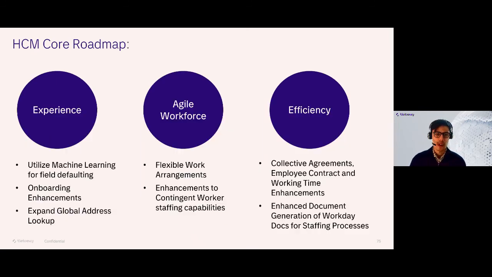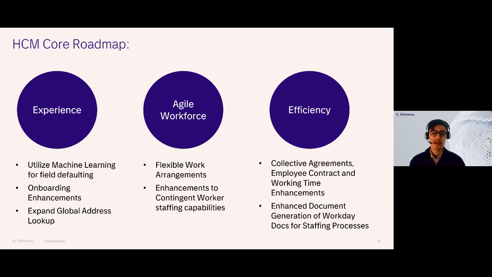In the roadmap ahead, in the experience theme, they will continue to utilize machine learning for field defaulting. They're also looking into some onboarding enhancements, as well as expanding the global address lookup, which is now available for the UK as of the Workday 2022R1 release.